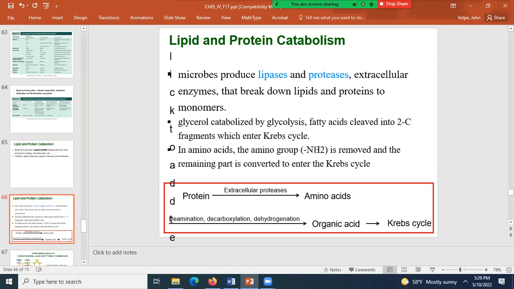But amino acids are just one more step complicated to digest. And then the amino acids and the monomers of the lipids are converted so that they can enter the Krebs cycle. All right, any question about any of that?